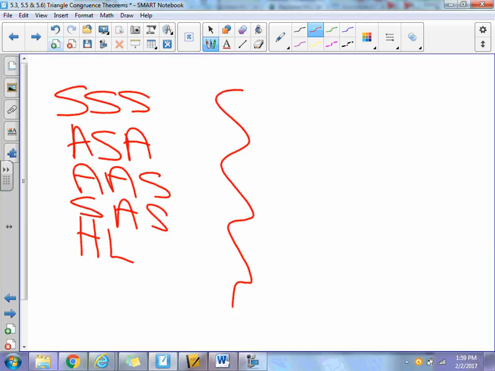So what doesn't work? Which one don't I have up there? AAA does not work. AAA is not coming to tow your triangle away. AAA doesn't work. How about another one you don't see up there?